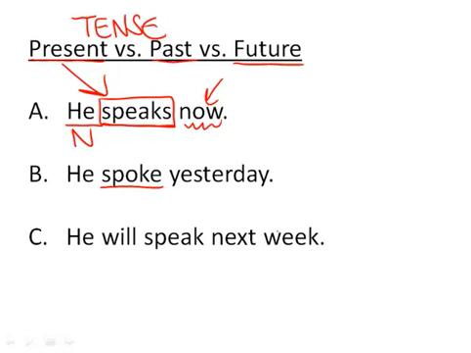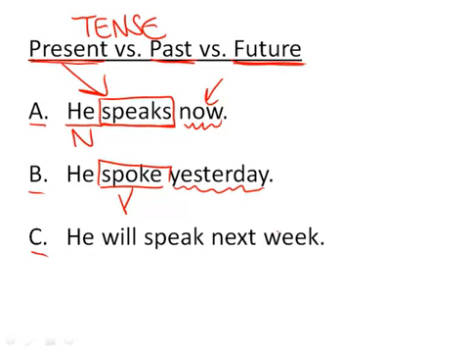To determine tense in this case, again, present is now, past is what has happened, future is what will happen. We look at this word, yesterday. Yesterday is past us. So we know that this verb here is in the past tense. A is present, B is past.